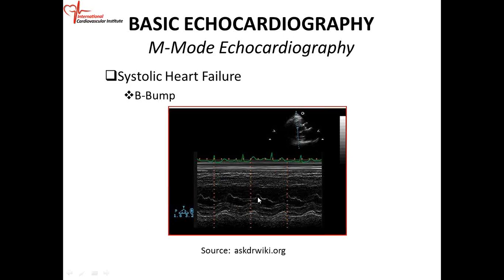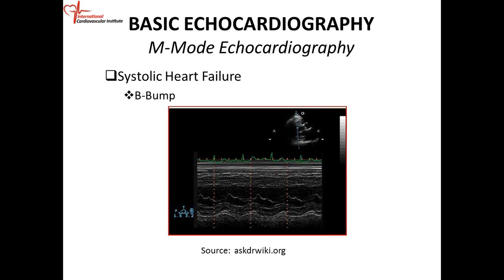Your D point is right there, your E point, F point, A point, then there's this little bump. This is what we call a B bump. A B bump tells you that there's increased left ventricular filling pressures, and you usually get that in patients with systolic heart failure.